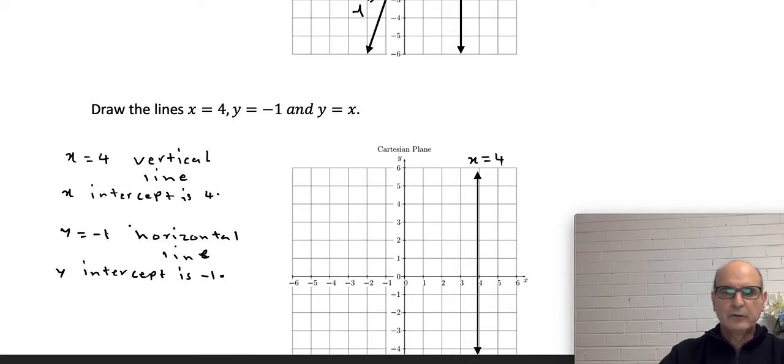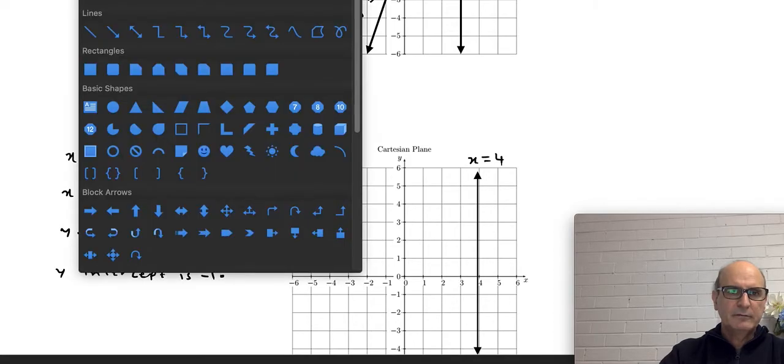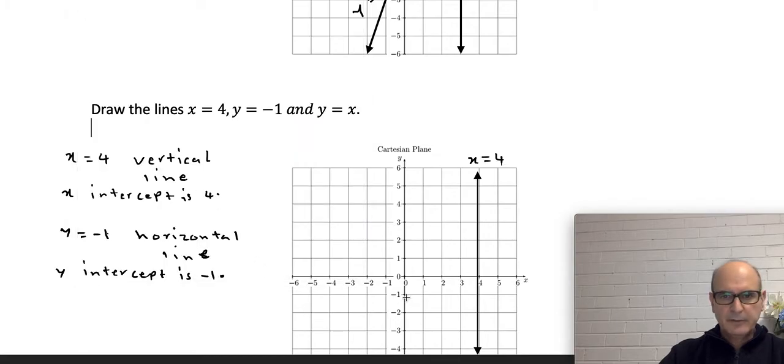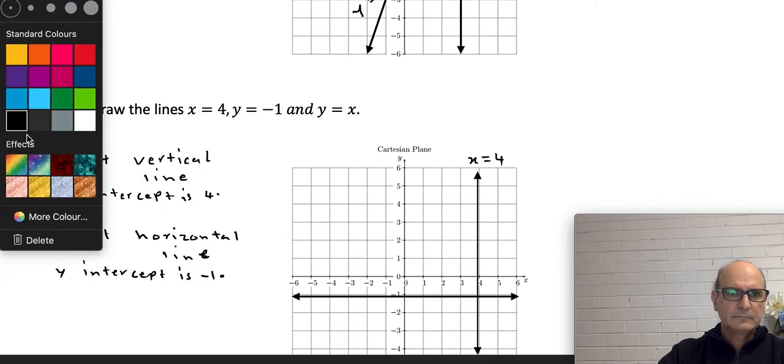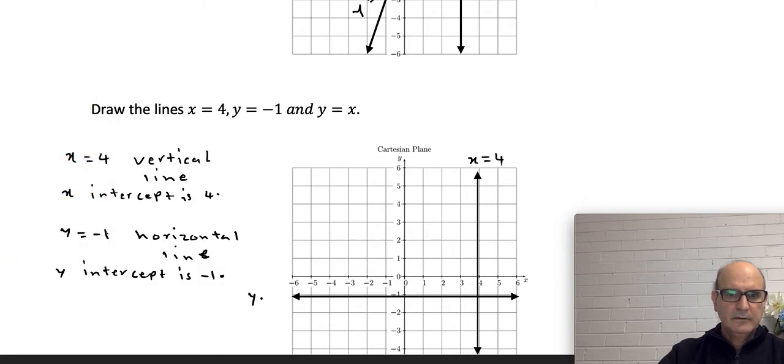So I'm going to draw a horizontal line with a y-intercept of minus 1. That is my line, y equal to minus 1, because it goes through the point minus 1.